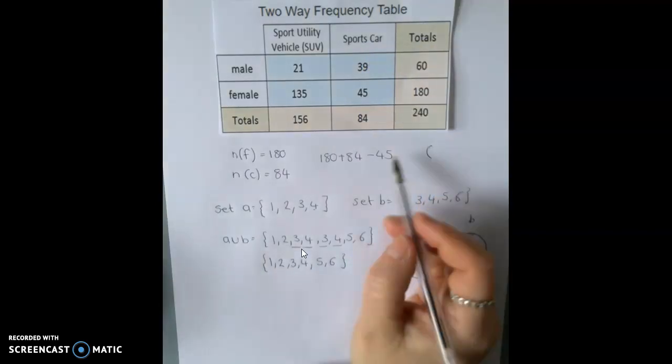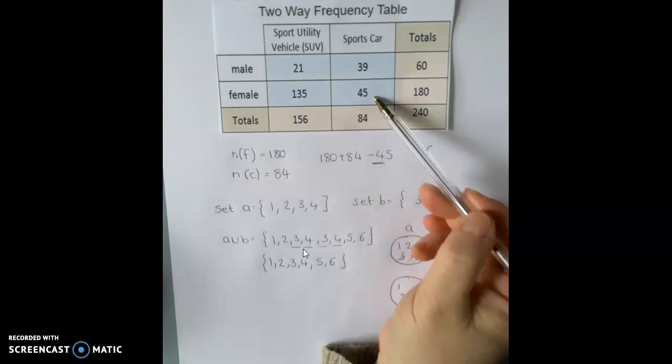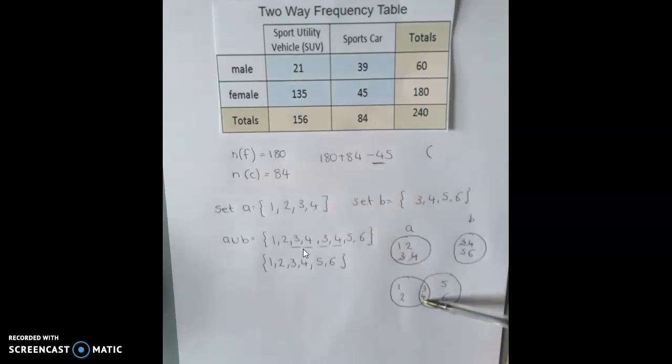So we need to take away the 45, otherwise we won't have the correct answer. So where you have a question that is asking you for the union of the sets, you must make sure that you take away anything that is common to both sets and you don't count it twice.